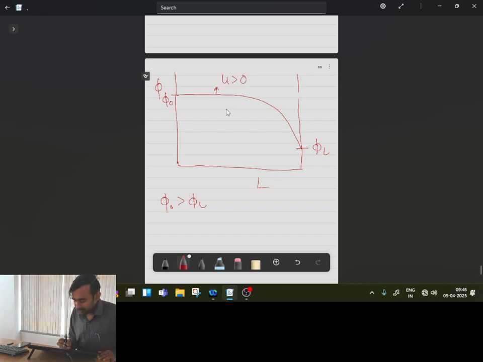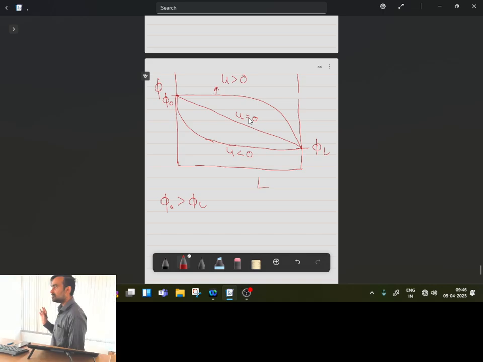If u is less than 0, which value will propagate? Phi L will be propagating and it will be something like this. This is for u less than 0. And when u is equal to 0, what will happen? Pure diffusion, which should be a straight line. So this is for u equal to 0. Are all clear with this point?